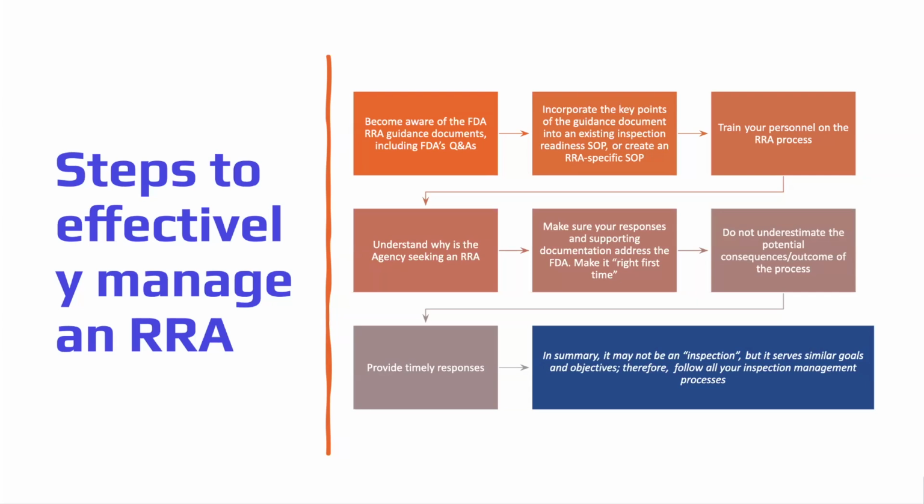But you definitely need to make sure that you incorporate this type of guidance into your internal inspection procedures. Then train your personnel on the RRA process. Let them understand and appreciate the differences, the similarities, and in the end, the goal of an RRA.